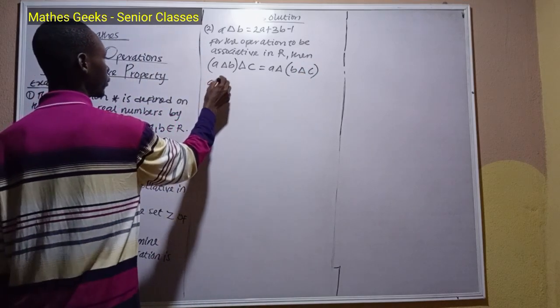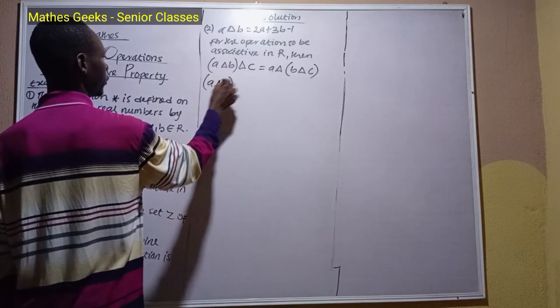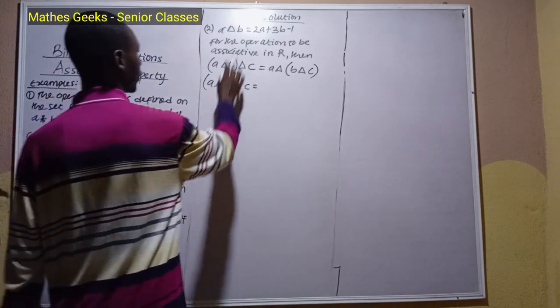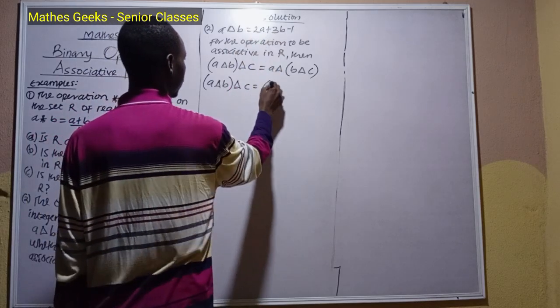So A operation B operation C: A operation B is equal to 2A plus 3B minus 1.